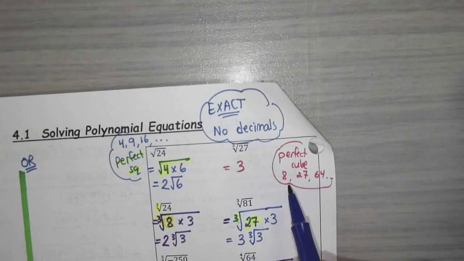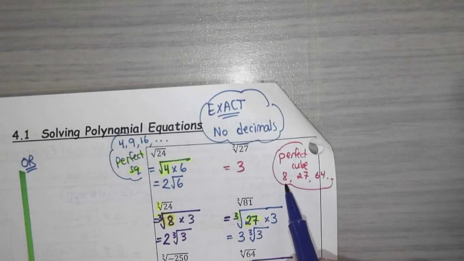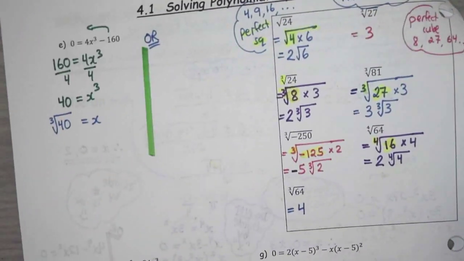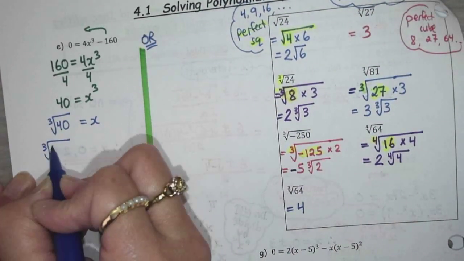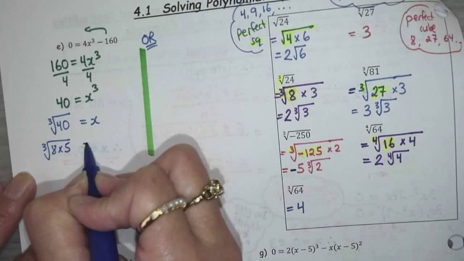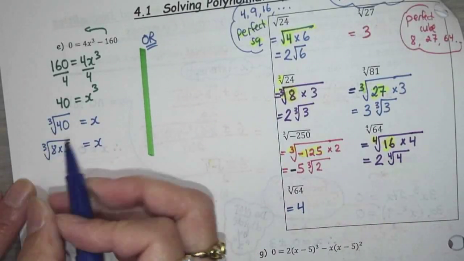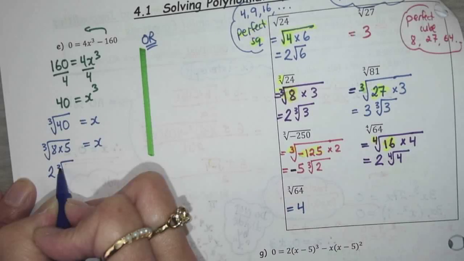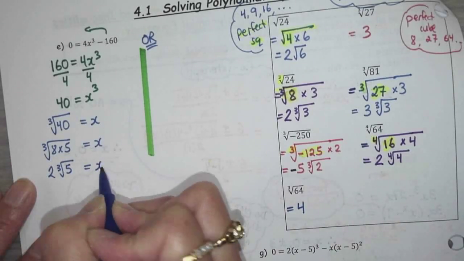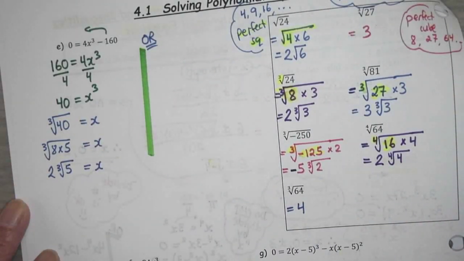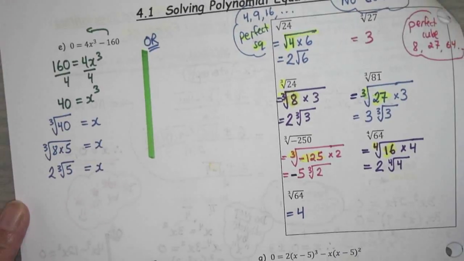So it's going to be 8, 27, 64. 8 works. So we're going to go perfect cube 8 times 5. Take out the perfect cube and make it 2, and the third root of 5 left over. x equals 2 times the third root of 5. That's beautiful. Gorgeously exact. Didn't have to go to decimal. We don't need our calculators at all.